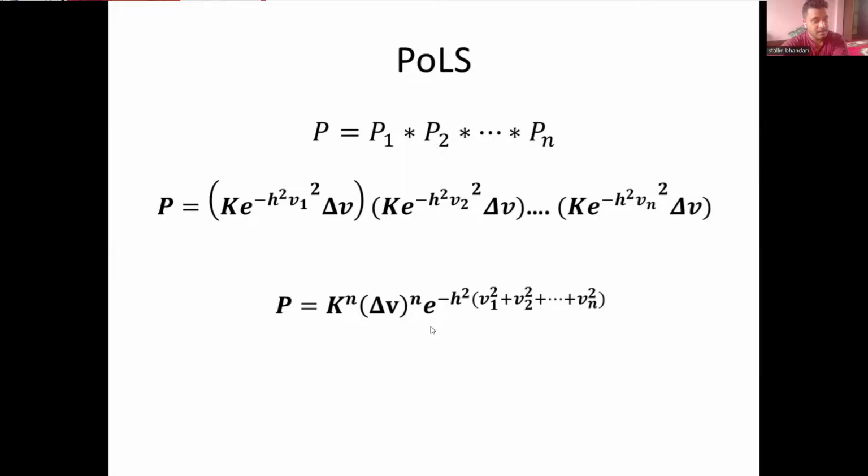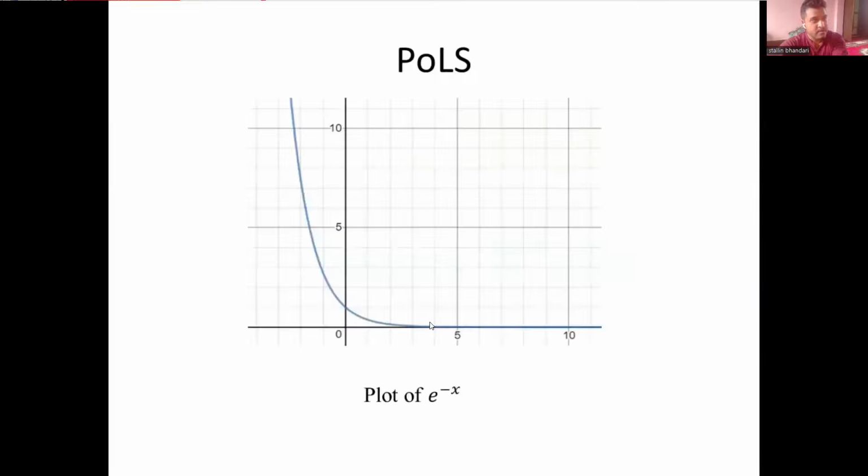First of all, let's see how the function e to the power negative x behaves. This is the plot of e raised to the power negative x. From this graph, we can see that whenever the value of x decreases, there is an increase in the function's value.